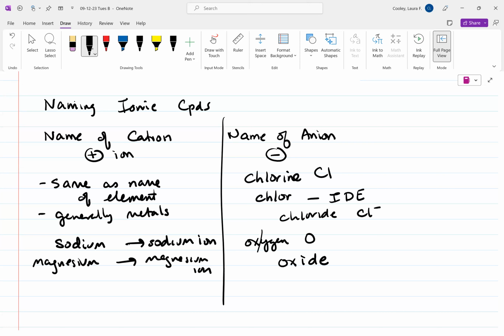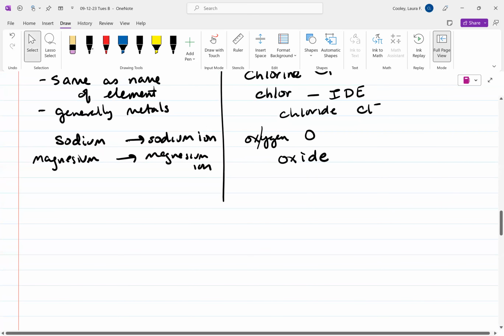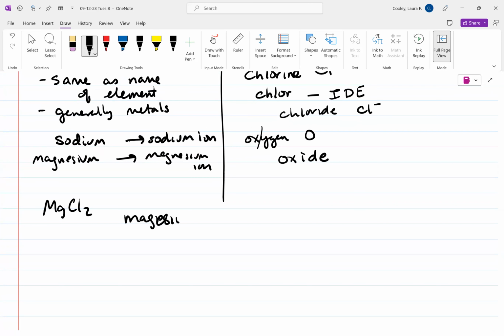So you cut it off there and you add the "ide" ending. So MgCl2, again, is simply magnesium chloride. Sodium sulfide here. The name of the cation is sodium. You take sulfur, you take off the "ur" and you put an "ide" ending there.